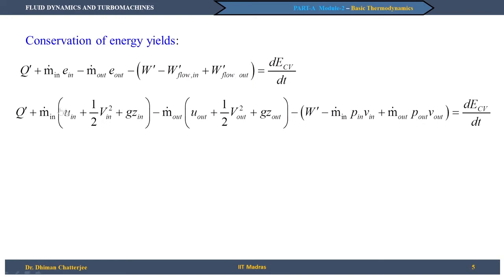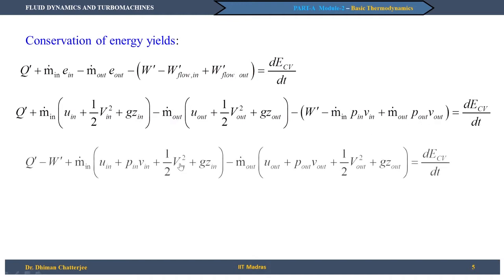We can now arrange all the terms that are with m dot in, like the terms in this bracket with the term P in V in, and similarly the terms with m dot out in this bracket with the flow work term, and put it in this fashion.